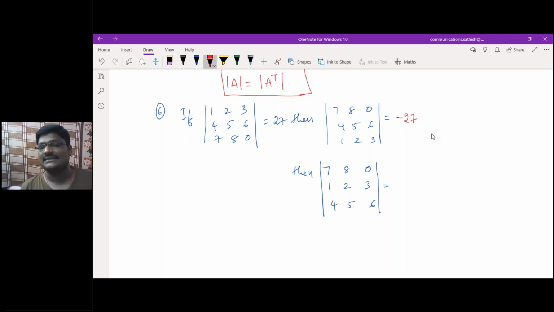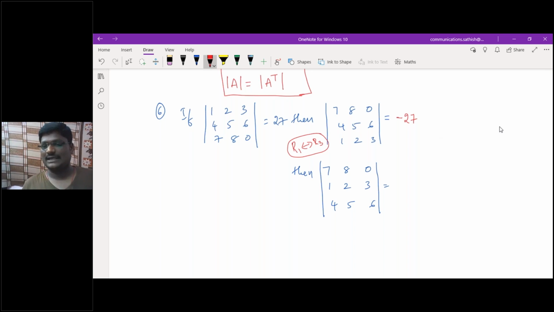I just interchanged the rows, R1 and R3, one time. If any one row or one column is interchanged one time, obviously the determinant is multiplied by minus 1.